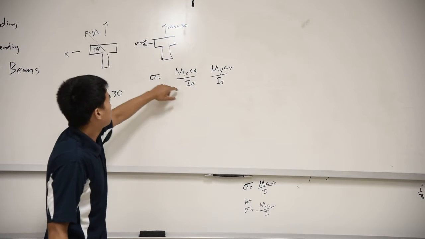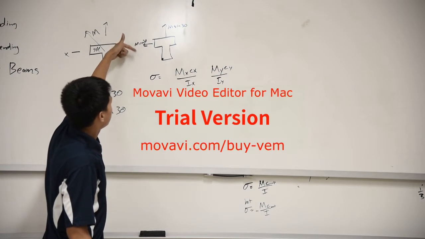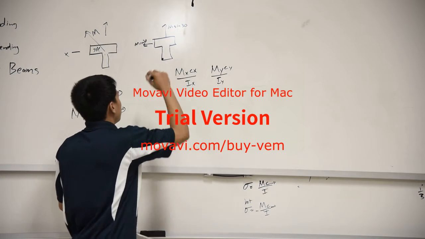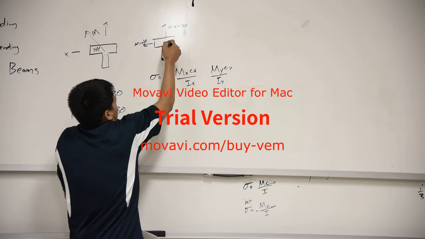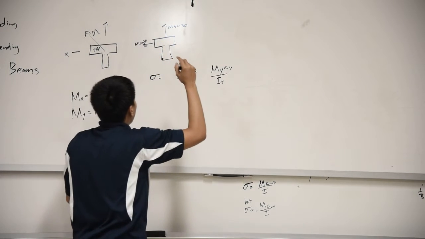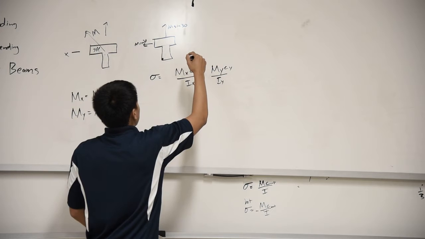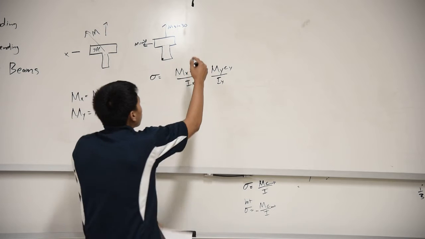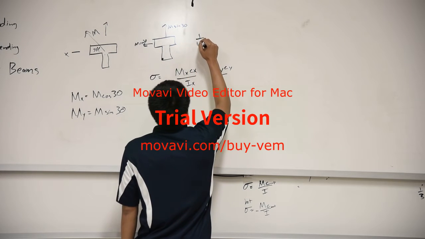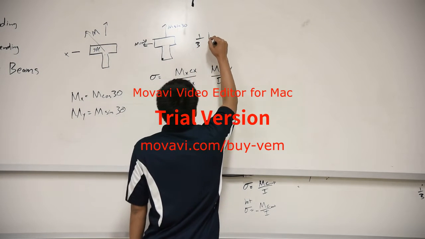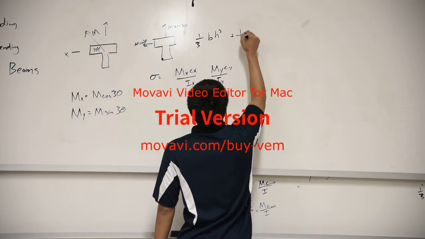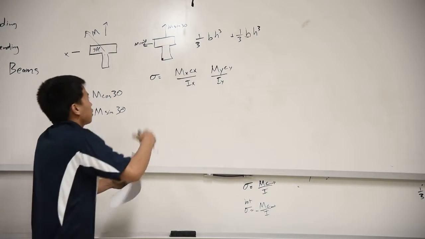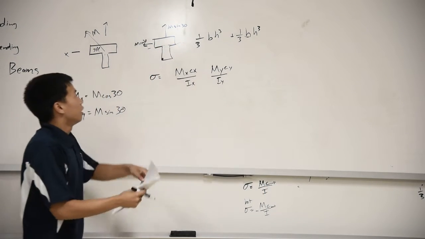Ix is going to be in this direction, so let's say the center just happens to be here. The biggest issue with this Ix and Iy is both going to be some form of bh cubed over twelve plus bh cubed over twelve, right? Because say the axis happens to be here, which it probably isn't.